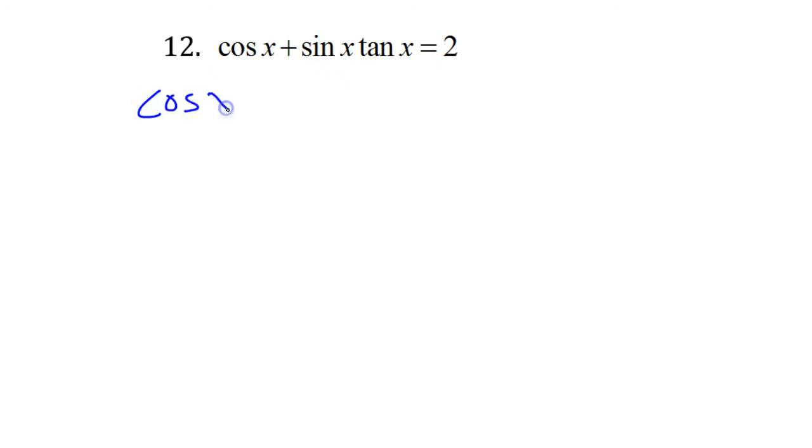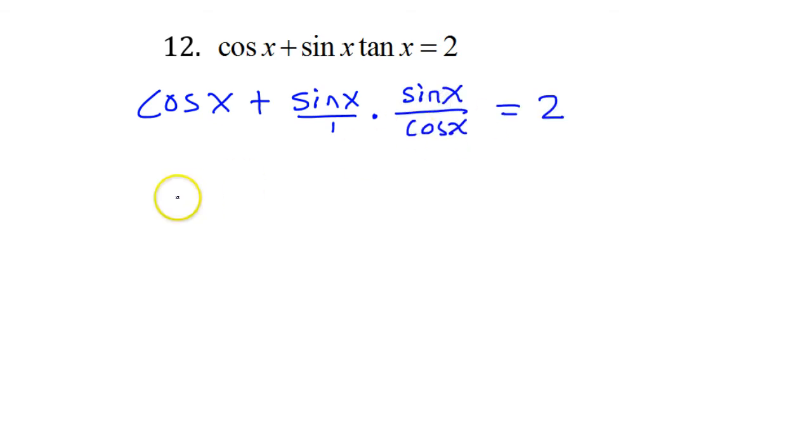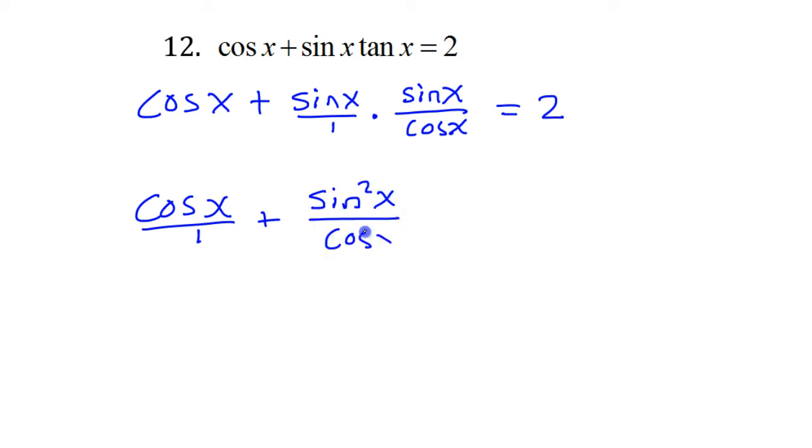So I have cosine x plus sine x over 1, if you will. And then tangent is sine x over cosine x. All this equals 2. So right now I have cosine x over 1, plus, now here I have sine squared. If I multiply this together, I'm going to have sine squared x over cosine x, and that is equal to 2.